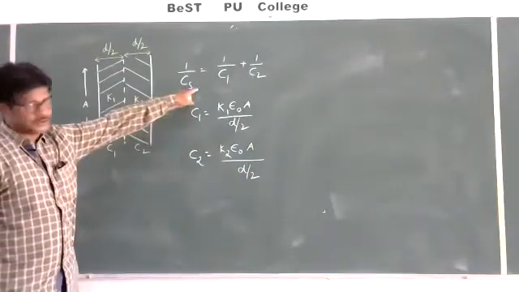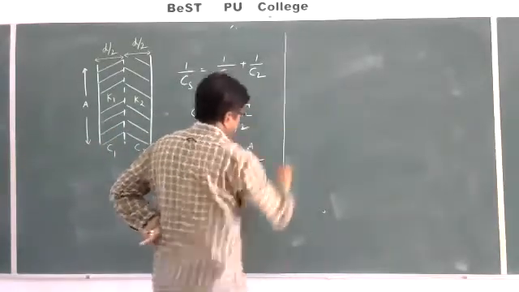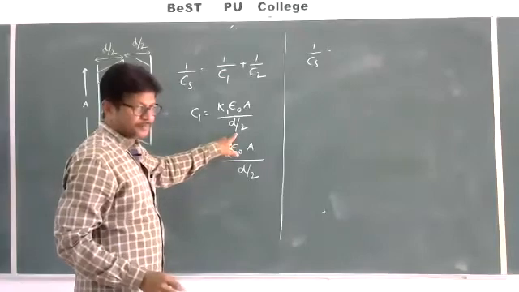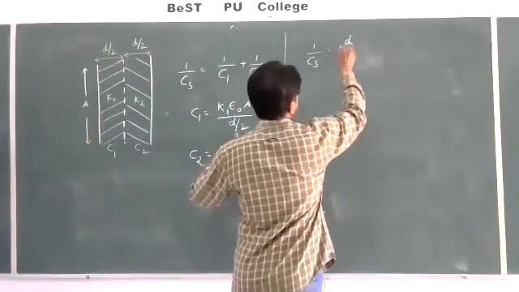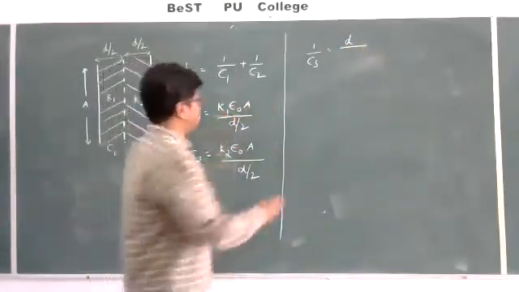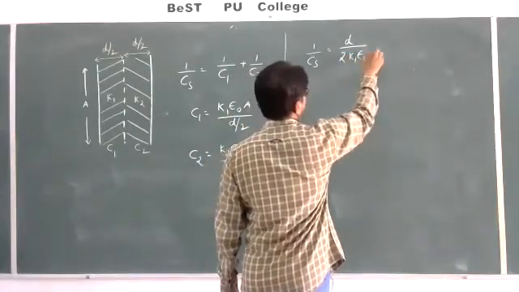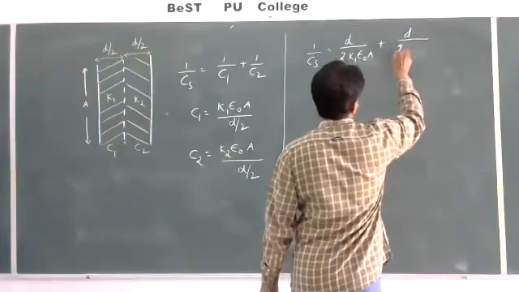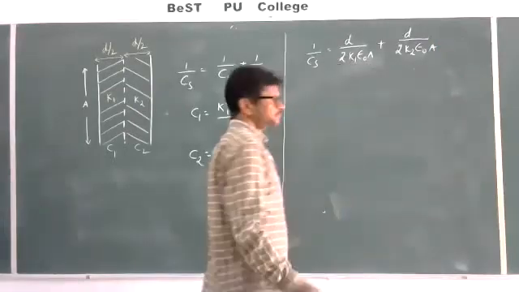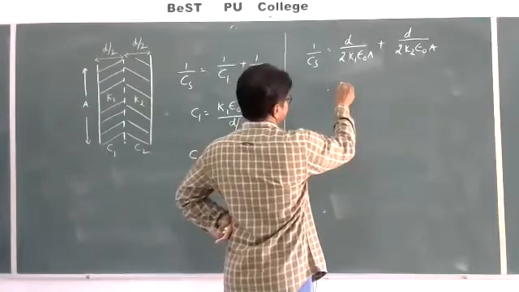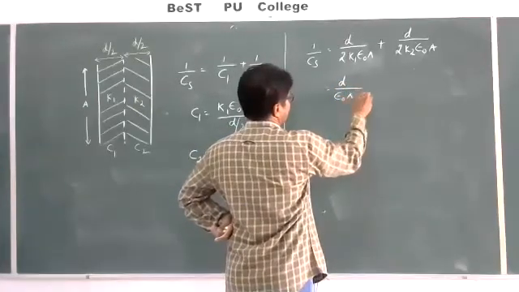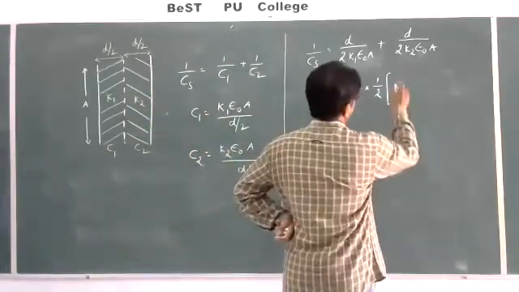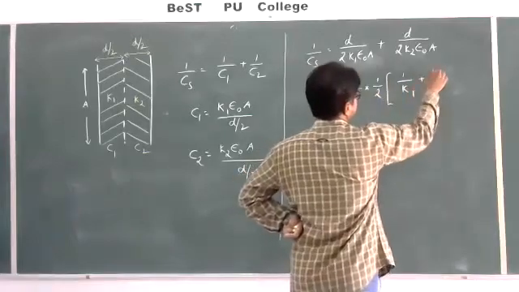Now you substitute C1 and C2 values in this equation. Then 1 by Cs is equal to 1 by C1, which is d by 2 K1 epsilon naught A, reciprocal, plus d by 2 K2 epsilon naught A. Then d by epsilon naught A and 1 by 2 if I take common, the remaining is 1 by K1 plus 1 by K2.